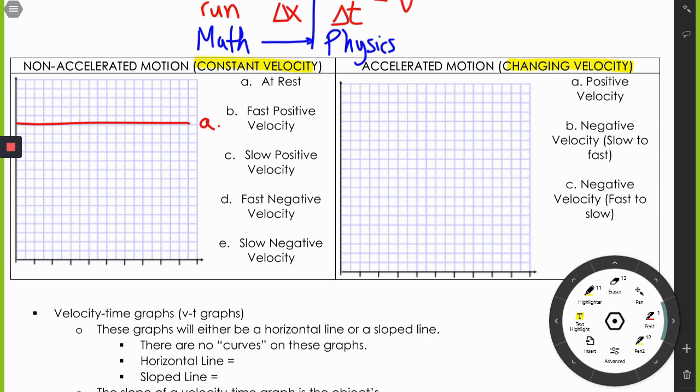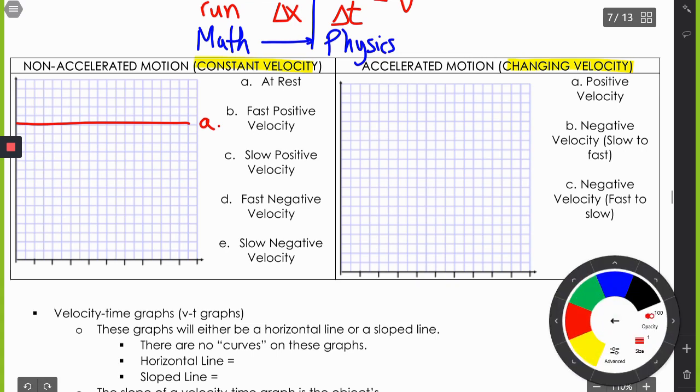A fast positive velocity, well, when you show a fast positive velocity, you want a big slope, okay? And in fact, let me change the color of that, right, so we can get a little variation. So fast velocity would be a steep slope. A slow positive velocity, and I'll go back in here a second, right?